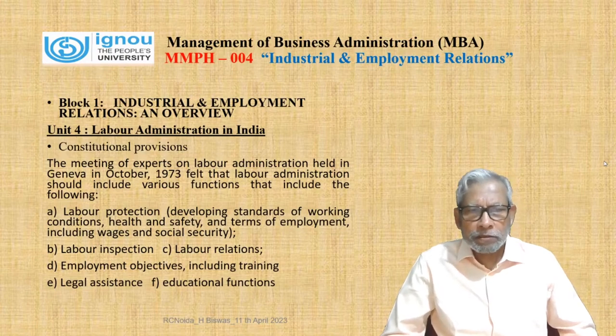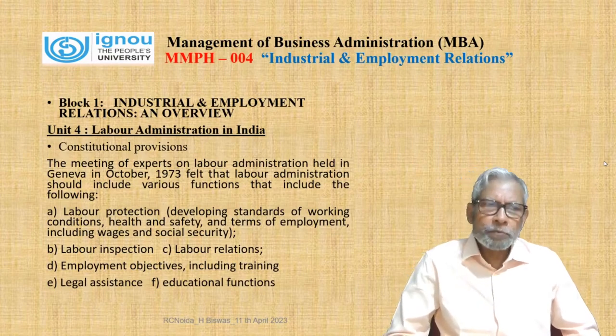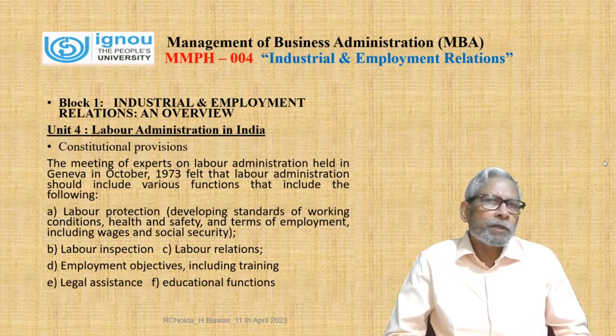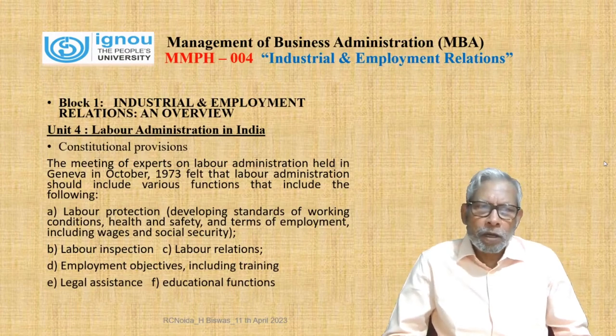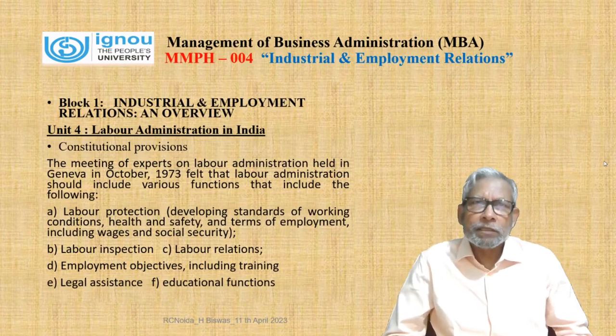First, labor protection: developing standards of working conditions, health, security, safety, and terms of employment, including wages and social security. That part should be there. It is for the protection of labor, and workers should be well protected. That is one of the objectives.